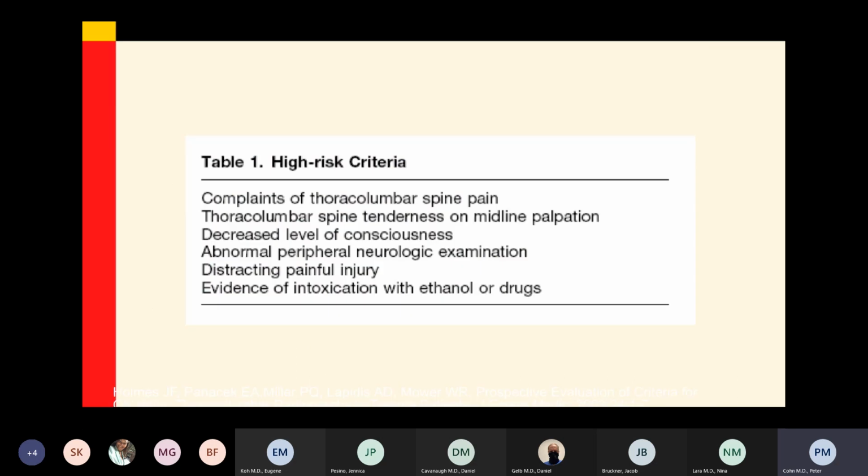And these were the criteria they selected, and it's similar to the Canadian criteria for the cervical spine, but really any pain or tenderness in the thoracolumbar area, and any change in level of consciousness, whether that's due to intoxication or the injury, any abnormal neurologic examination findings, and any distracting painful injury.